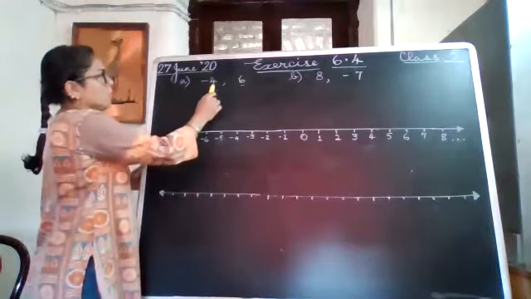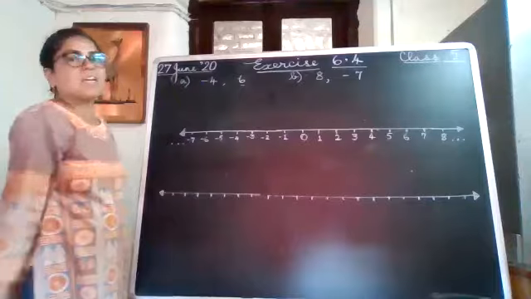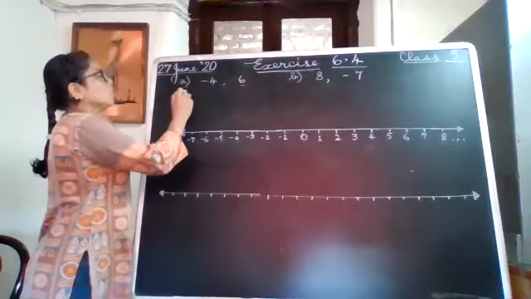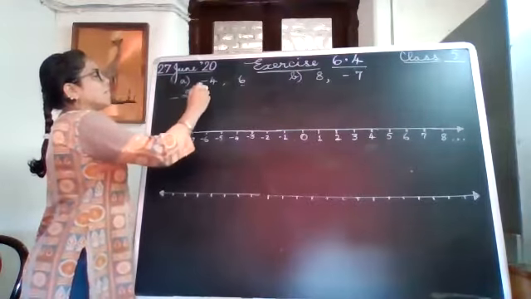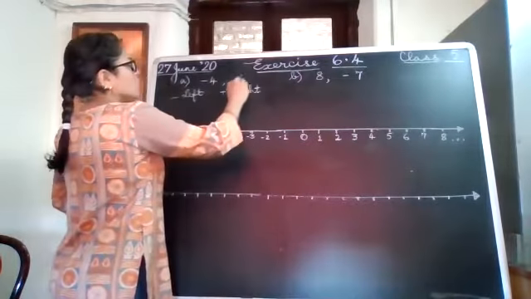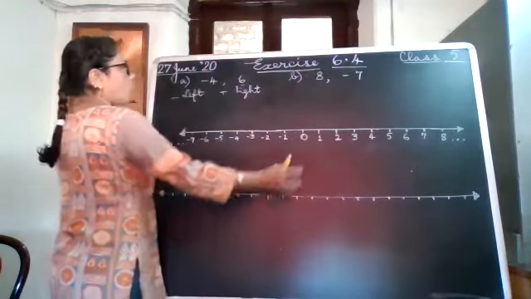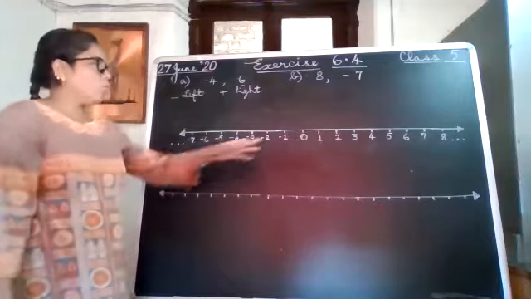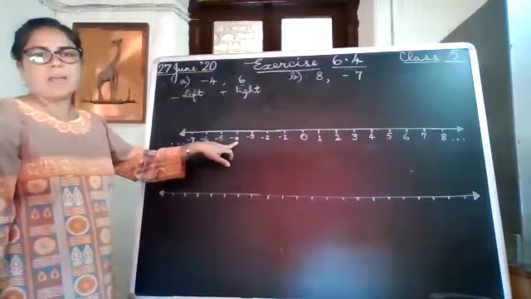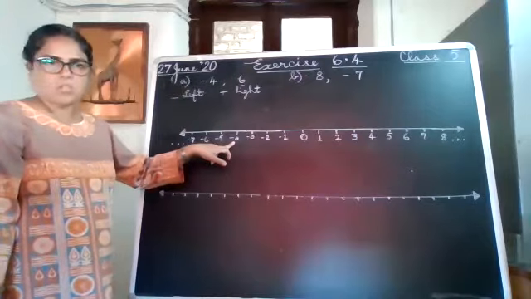From minus 4, plus 6 means I have to go towards the right. So minus means you go to the left, and if it is plus, you go to the right. So here it was minus 4. We always start from 0. When you go 4 places to the left, you will reach minus 4. So straight away you can go to minus 4 if you want.